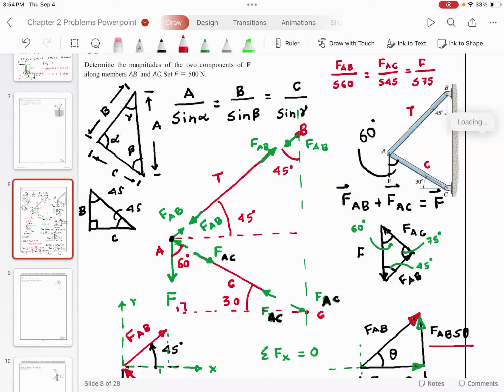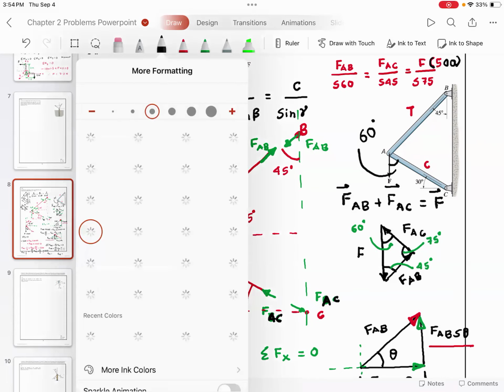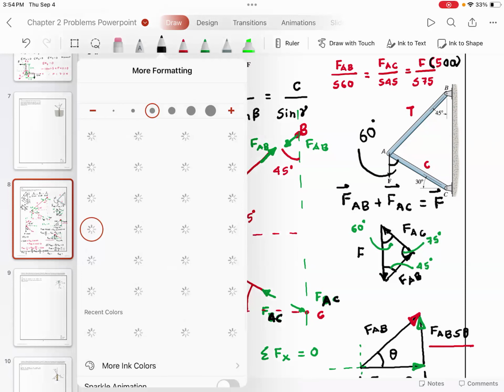S stands for sine. And as you know, this F guy is 500. So can you tell me the values of FAB and the values of FAC?